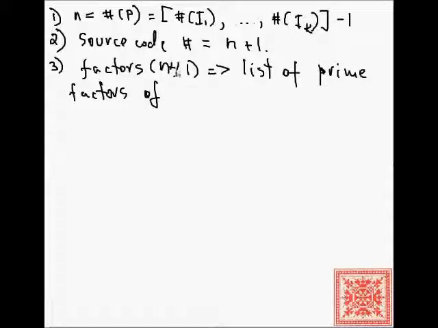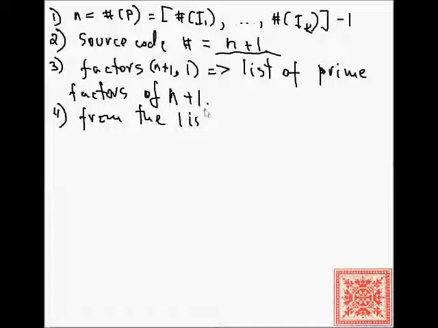of the source code. Oops, I made a mistake. It's n plus 1. Let me grab an eraser and erase this. It's not n, it's n plus 1, because we're factoring the source code number. Okay, so the list of prime factors of n plus 1, and from the list of prime factors, we can actually obtain the Gödel number.